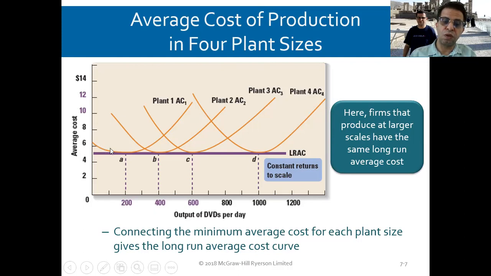So eventually plant one will go average cost at A point and plant two will go at B point and plant three at D, same thing. So connecting these minimum average costs for each plant size gives a long run average cost curve, which is LRAC, long run average cost.